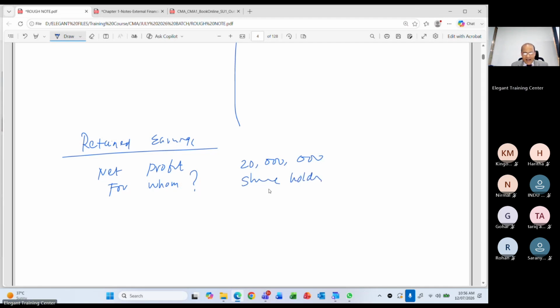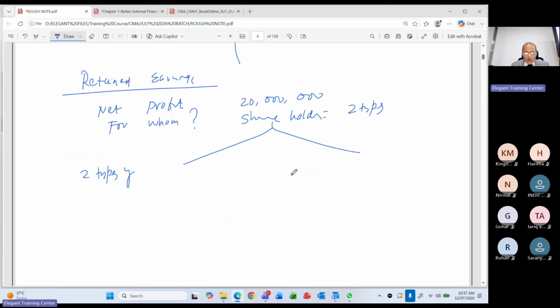And shareholders can also be of two types. One is preference. Preference shares and ordinary shares.